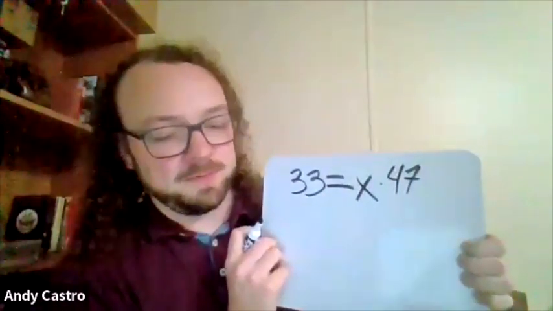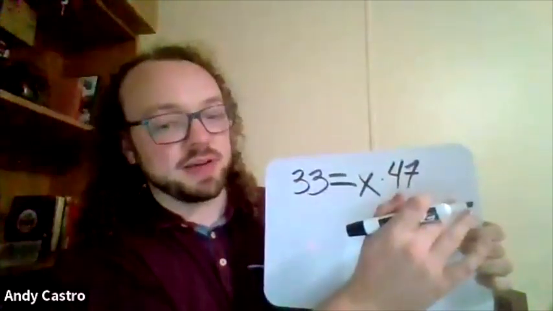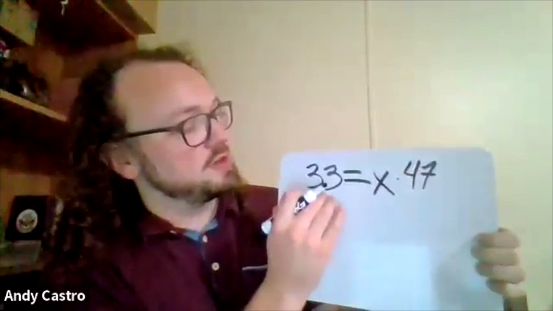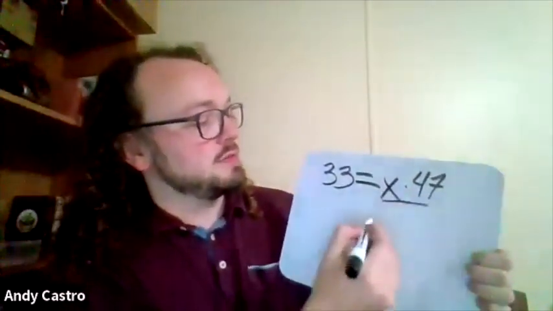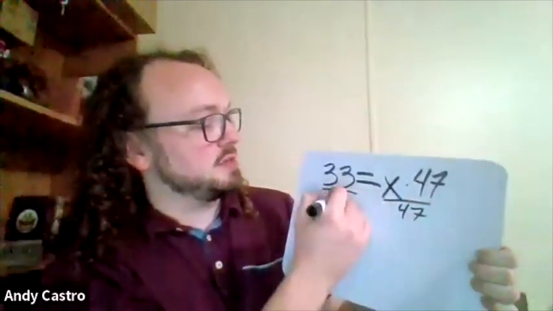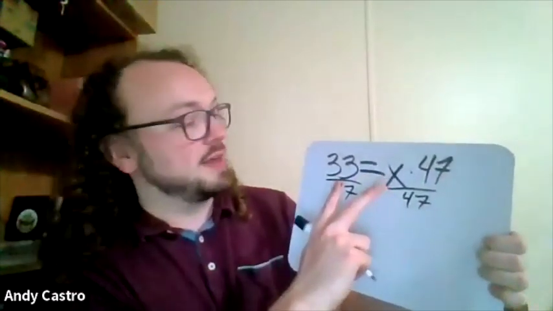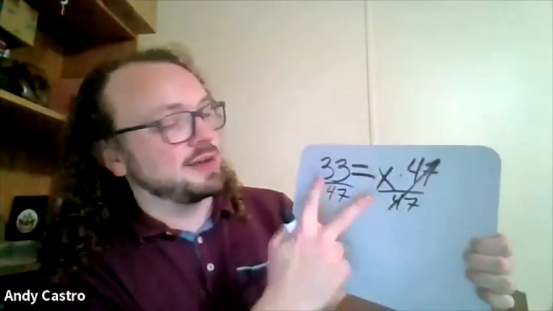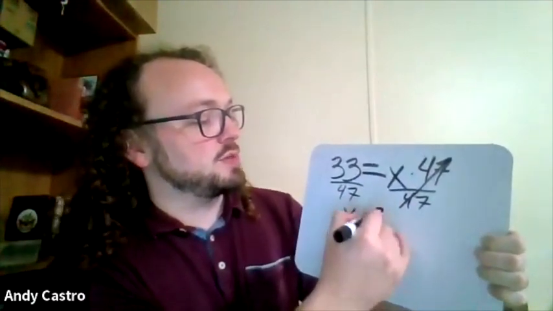All right, so I'm just trying to make it as straightforward as possible when I'm getting to my equation. And I have 33 is what percent of 47? Well, to isolate my variable, I need to divide both sides by 47. And when I cancel these, I'm going to rewrite it. I'm going to flip it so that I have x on the left, just because that feels more normal.